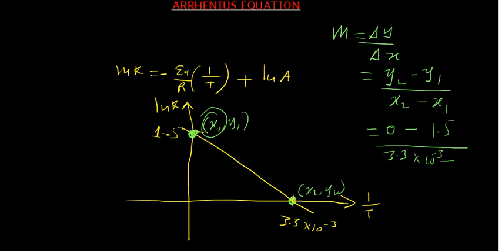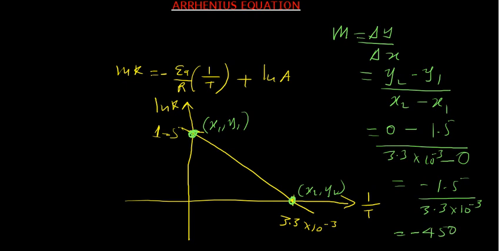So all we have is negative 1.5 divided by 3.3 times 10 to the power negative 3. Dividing negative 1.5 by 3.33 times 10 to the power negative 3 gives me negative 450. That is the gradient.